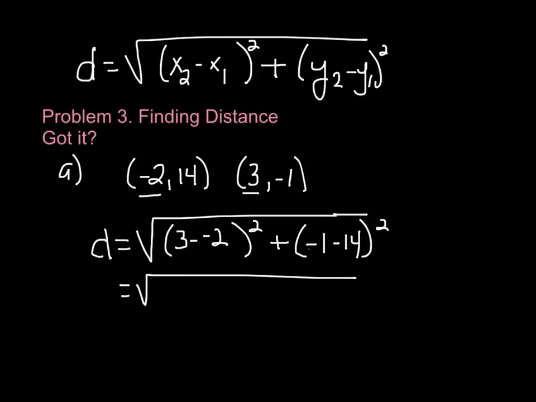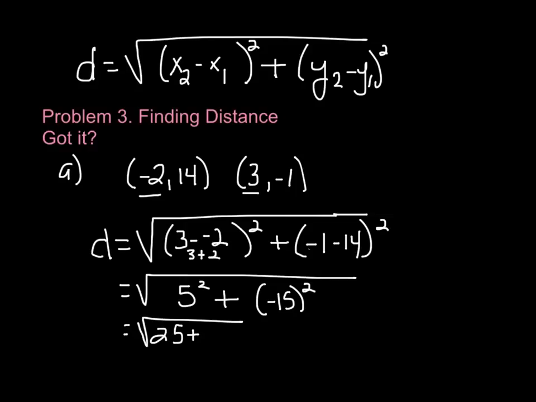So 3 minus negative 2, that'd be plus 2. That gives me 5 squared. Plus negative 1 minus 14, that gives me negative 15. It has to be in parentheses. You're squaring the negative and the 15. So that gives me 25 plus negative 15 squared, and negative 15 squared is 225.